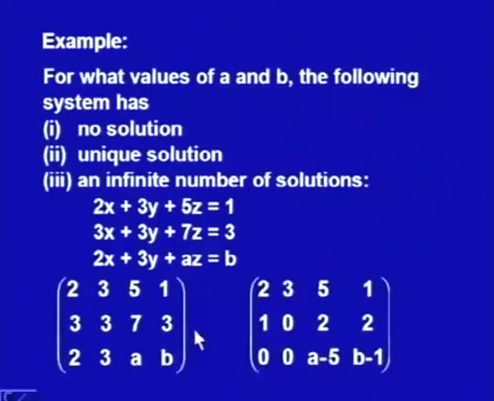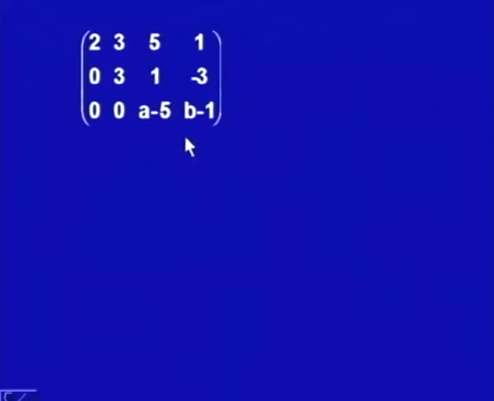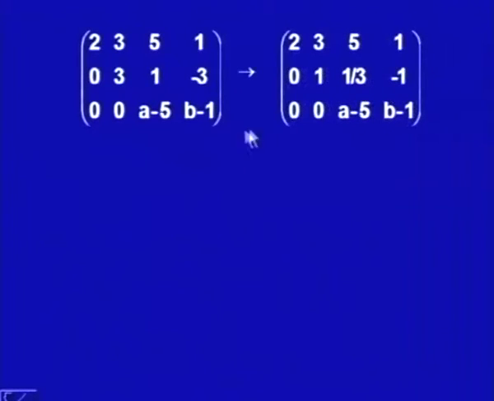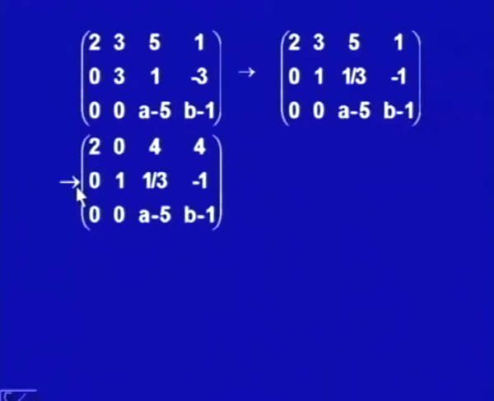So, if I start with this and apply linear transformations again, then this can be reduced in this form. What I have done is I have divided the second row by 3. So, it is 0, 1, 1 by 3 and minus 1, and 0, 0, a minus 5 and b minus 1.